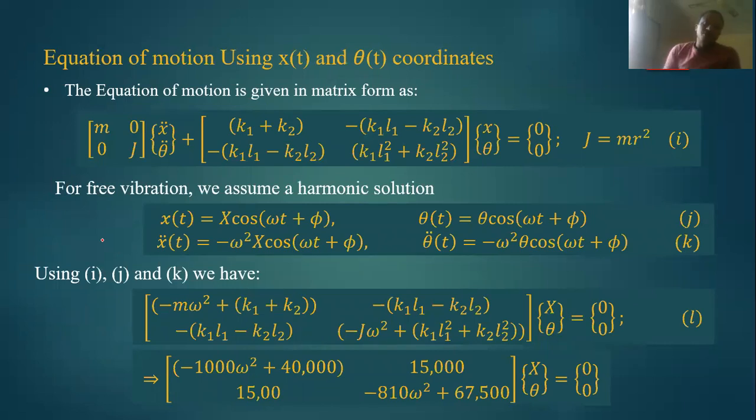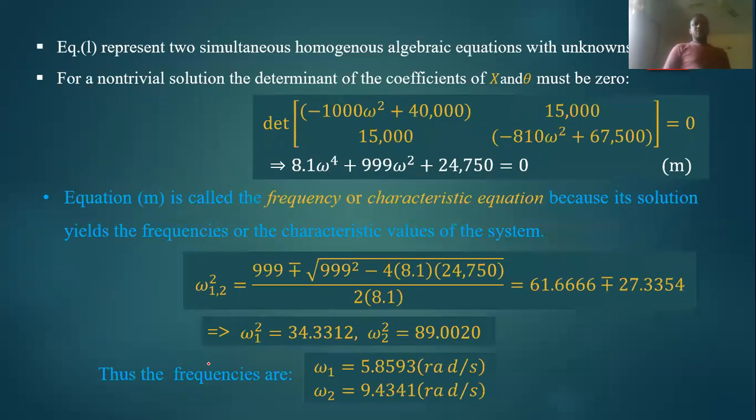For free vibration, we assume a harmonic solution like this. Substituting this harmonic solution into our main equation of motion, finally we get this equation. From this equation, we go directly to the characteristic equation or the frequency equation. Setting the determinant of the portion under the square bracket equal to 0 gives us the characteristic equation.